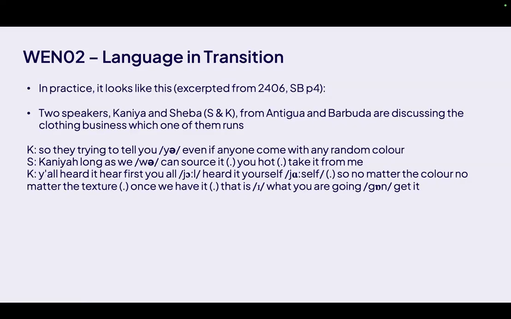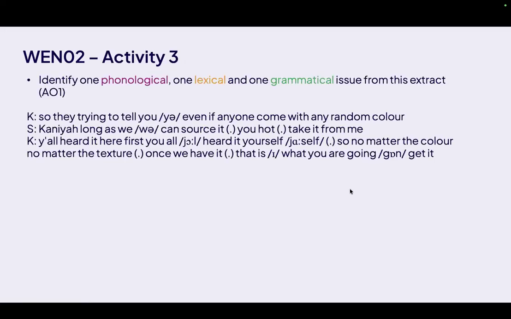Okay, so that is the text at the beginning. If you keep one eye on that, what we're going to do is try and identify, it's on the screen anyway, if you can't identify it in your booklet, one phonological, one lexical, and one grammatical issue. Okay, this is that AO1, that analysis of a text of language.